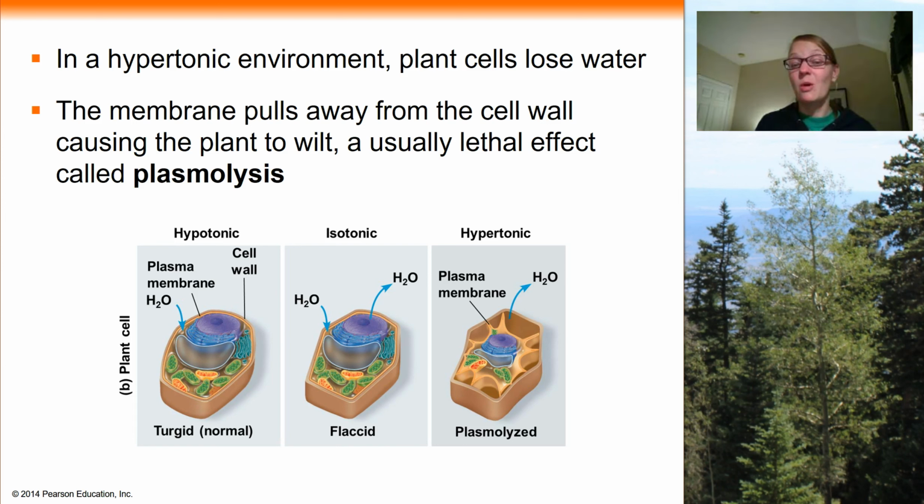And while the cell wall doesn't move, because it's pretty rigid here on the outside, the plasma membrane is actually going to end up pulling away from the cell wall, as you can see here. That's going to allow the inside of the cell to shrink as the cell loses that water. And this process is called plasmolysis, or we say that the plant cell has plasmolyzed. And this is usually a death sentence for the cell. The plant cell is not going to come back from a plasmolyzed state.